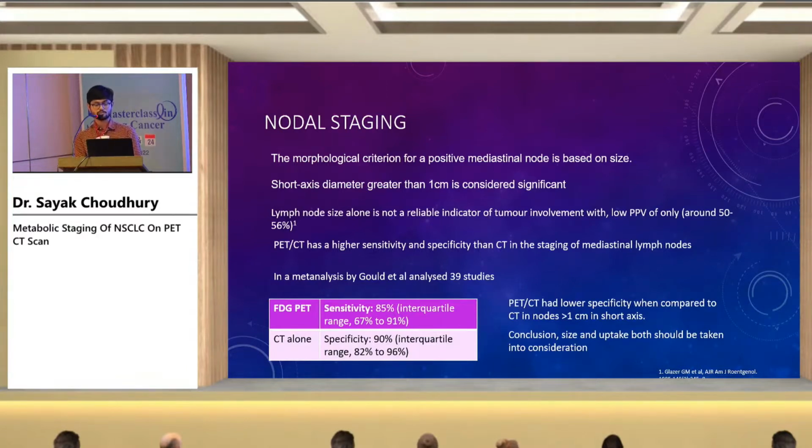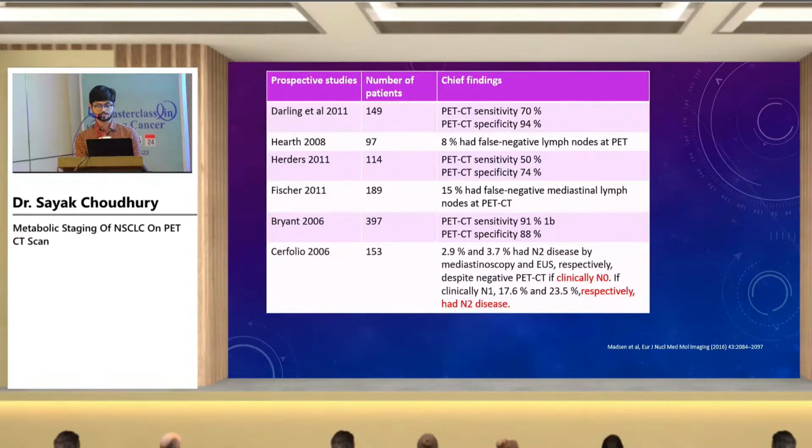So we'll go into a bit more detail on the available literature because this is important for nodal staging. There have been a lot of prospective trials. I have listed a few trials here. This is a busy slide, but what is important here is to see the values. So we all know how you do nodal staging in carcinoma lung.